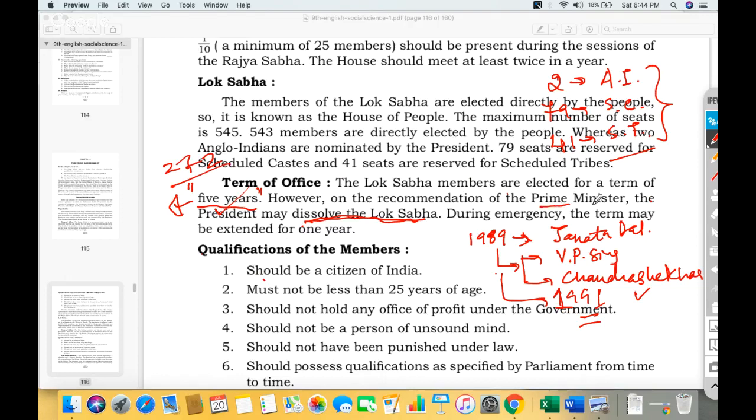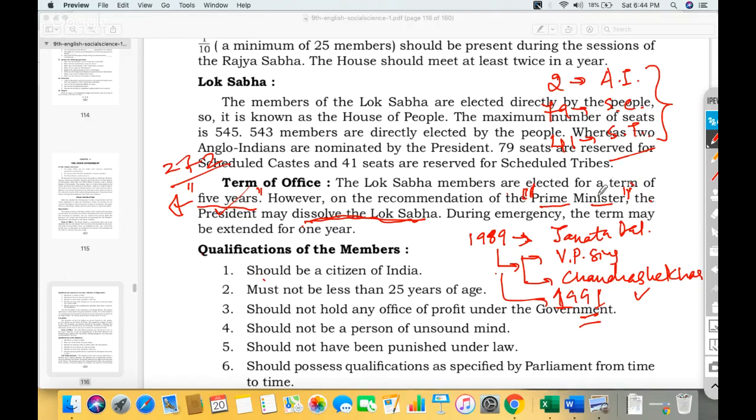Similarly, if it is understood that the Prime Minister does not enjoy the full majority in Lok Sabha, he may be asked to prove majority in Lok Sabha. If he is able to prove it, he remains Prime Minister.